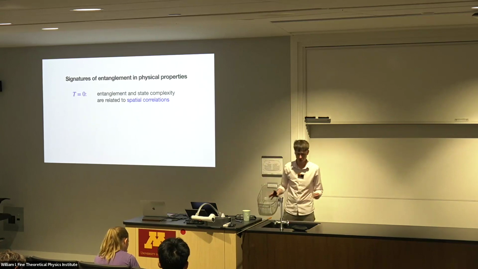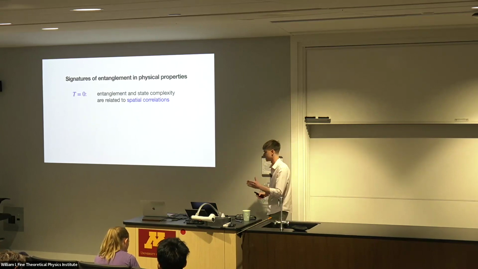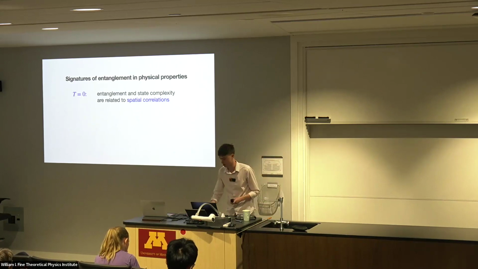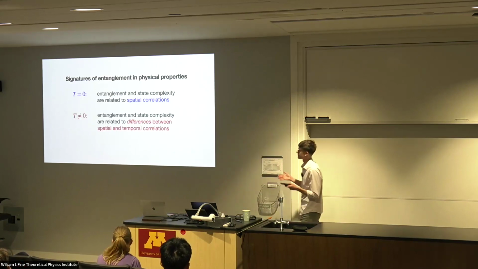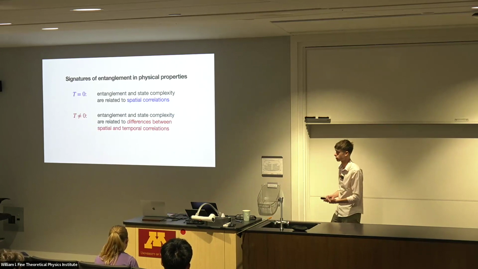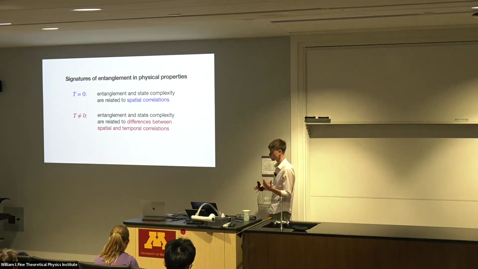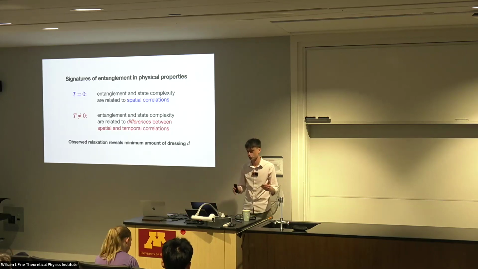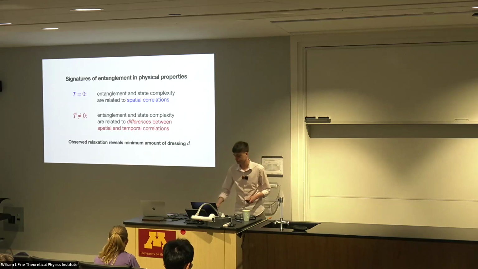At zero temperature, many of us are familiar with the idea that the entanglement in a quantum state is associated with spatial correlations. At non-zero temperature, what I'm going to show you is that entanglement is related not just to spatial correlations, but to differences between those and temporal correlations. How the system relaxes in time is going to teach us how dressed these thermal states are.